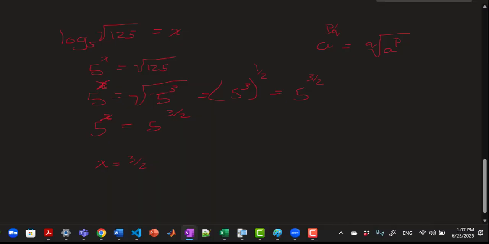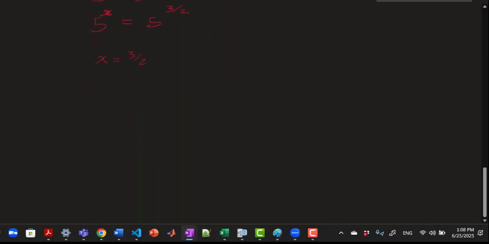All right. Well, what if it's one that I can't do that with? So if I have log base 2 of 20, and I want to figure that out. What is that? Well, 2 to the x equals 20. There's 2 raised to no power that equals 20. I want to get an approximation. I know that 2 to the 4th is 16, and 2 to the 5th is 32.